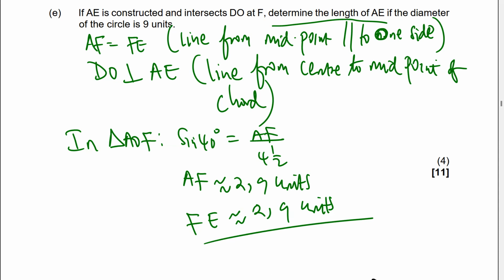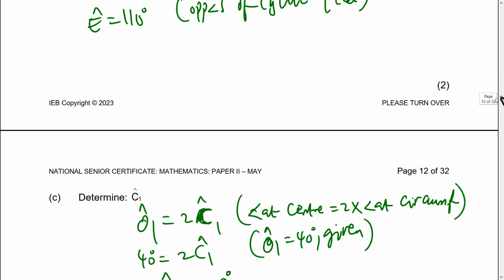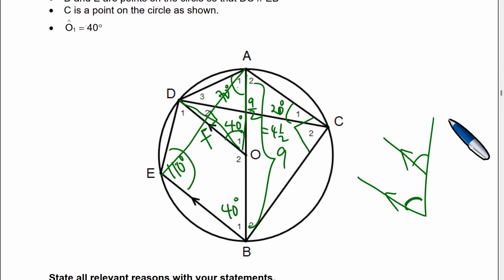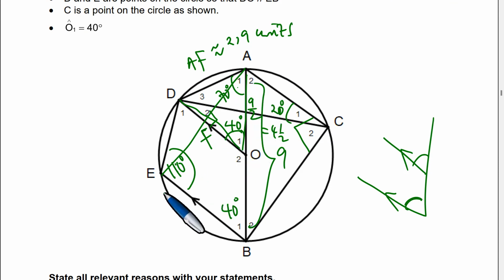Okay, you have that FE is 2.9. So you have that FE, you have that AF. AF is approximately 2.9 units. If AF is approximately 2.9 units, then that means that AE is double AF.